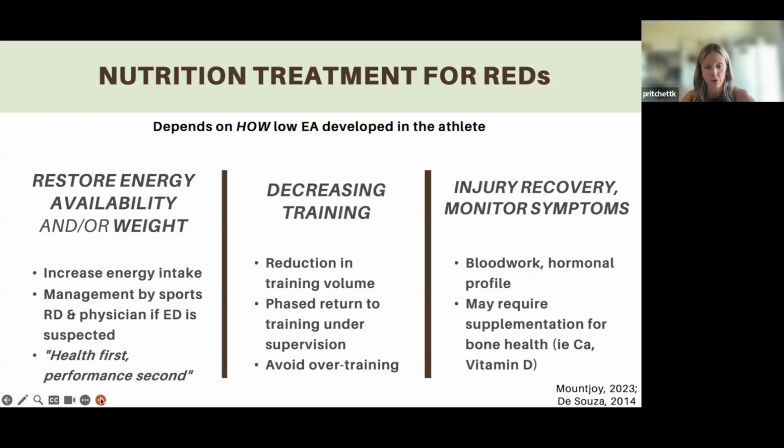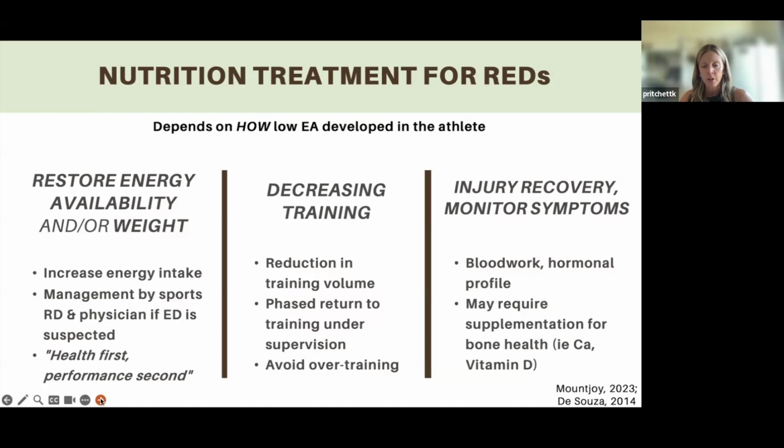Also avoiding overtraining, as I mentioned before. So going back to the assessment with the athlete: what is the training for, making sure that it's specific and done carefully. There's an outcome or a goal for each session, and they're not overdoing it.